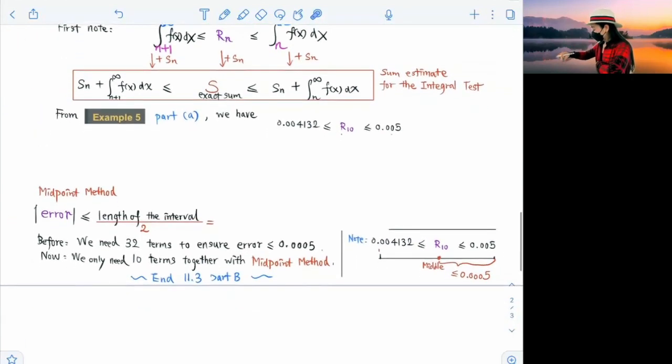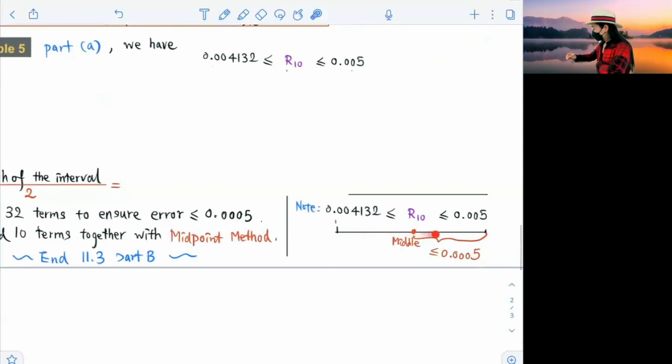When you add them up and divide by 2, what's the length of this interval? From here to here, how do you find the length? Subtract, using this, subtracting this, you get this.